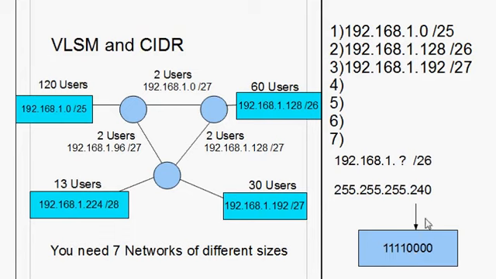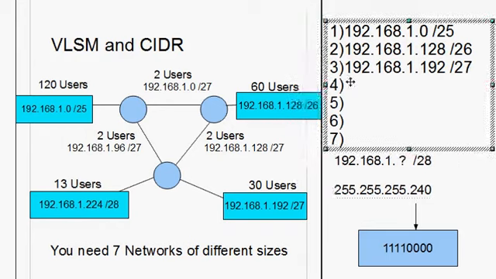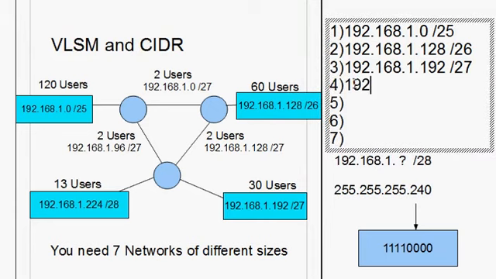We borrowed 4 bits now. It's actually a /28, right? And I'll put it up here too. 192.168.1.224/28, and that means the magic number is now 128, 64, 32, 16. It'll give me 16 hosts starting at 224. That's the network number, and 16 hosts from 224 to 239. 239 will be the broadcast address.